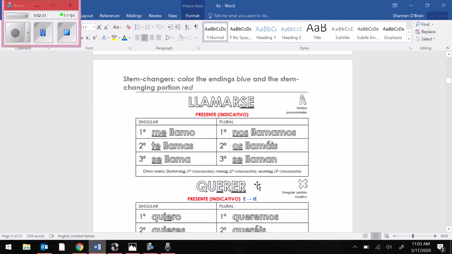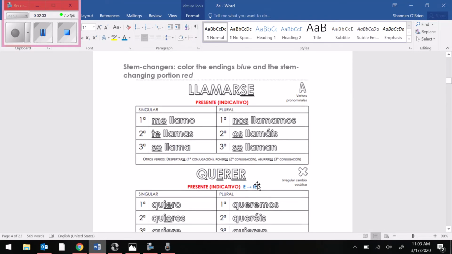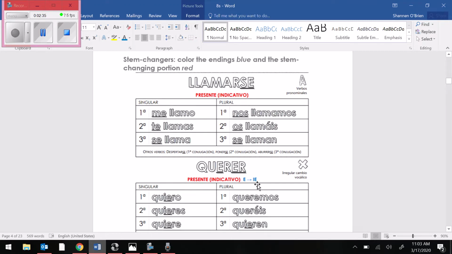On your second page, this is where the stem changing part comes into play, right? The only one you're not going to do on this page, the stem changer for, is llamarse. Like we talked about last week in school, llamarse is a reflexive verb because it has a pronoun. You're calling yourself whatever name, okay?